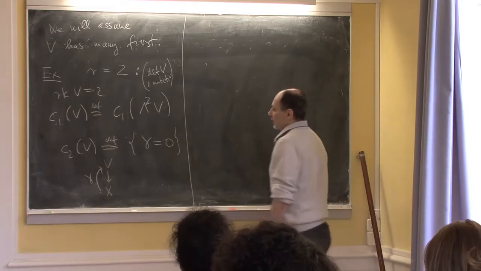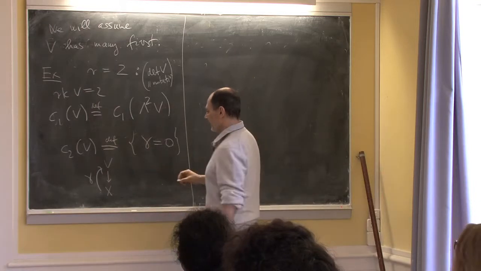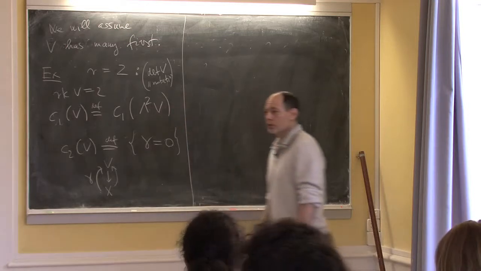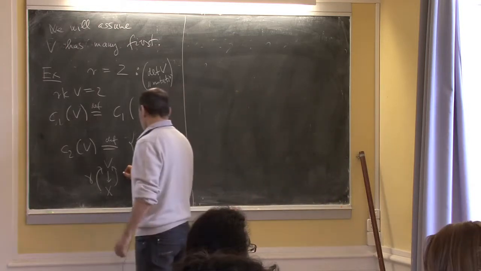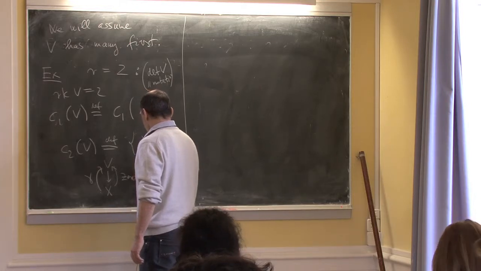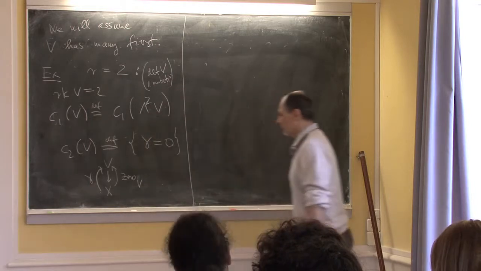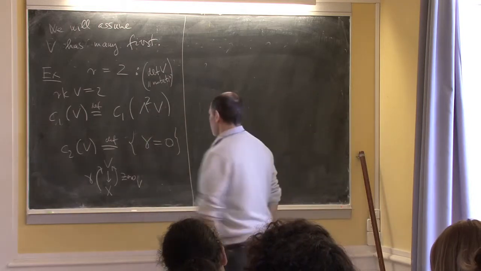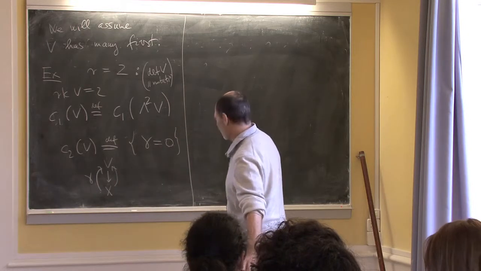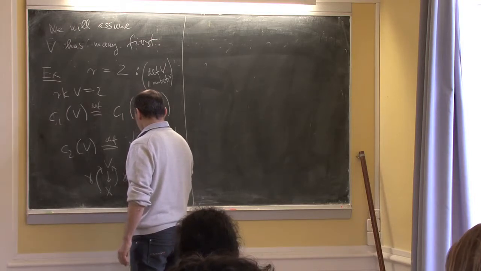So why is that? Because you see, the way to think about it is that, in fact, there's another map here, which I can just call gamma 0.